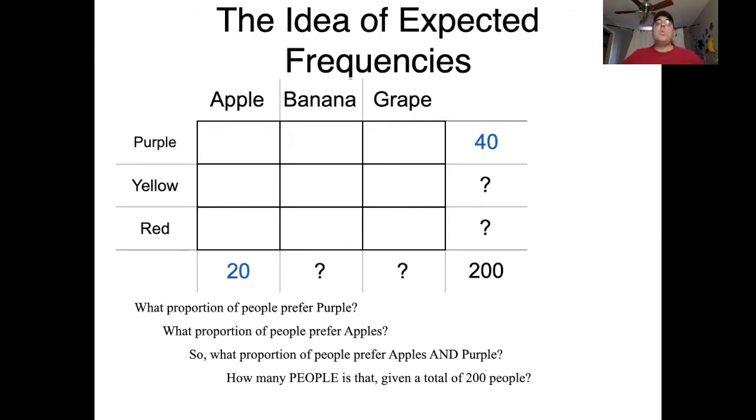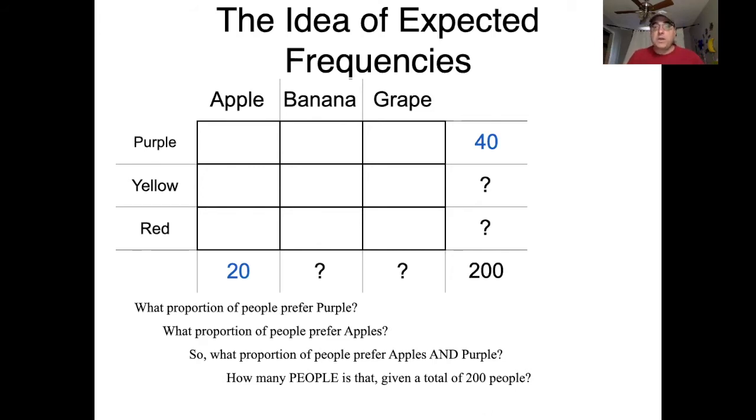All right. What I want to do now is set up a new situation where I've asked 200 people two things. What's your favorite color? And what's your favorite fruit? All right. I'm not dealing at all with the observed frequencies. I didn't even give you the raw data.